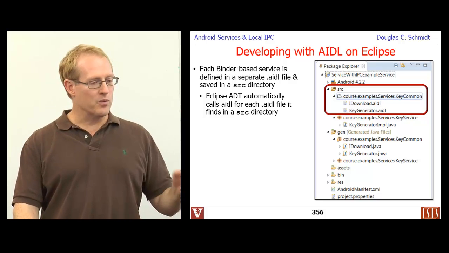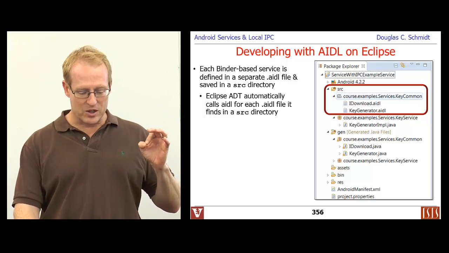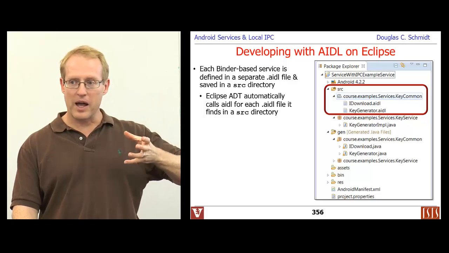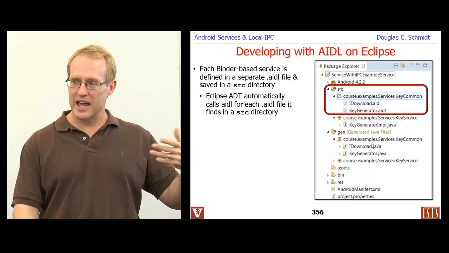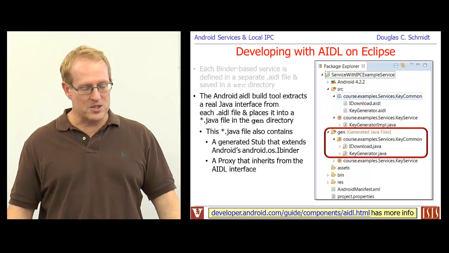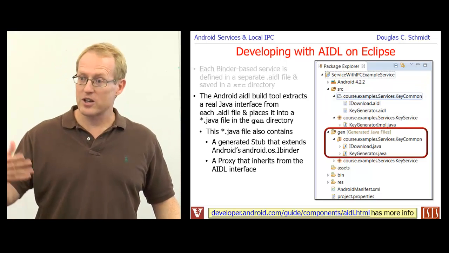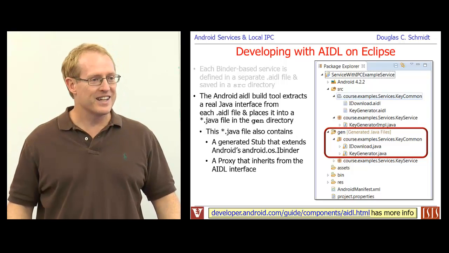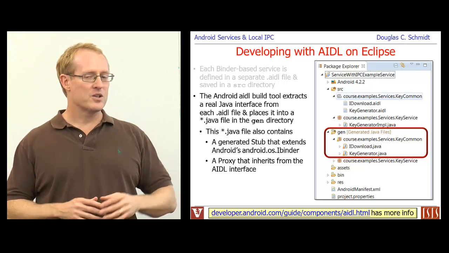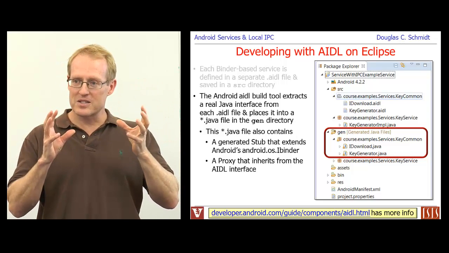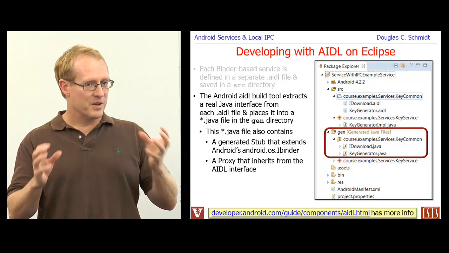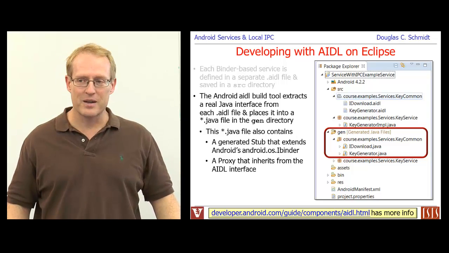And so what Eclipse will then do is automatically compile every .aidl file it finds in the source directory. It sticks those files, which are converted into Java files, in the gen directory. So source and gen are basically peers, siblings at the same level of the directory hierarchy of Eclipse.